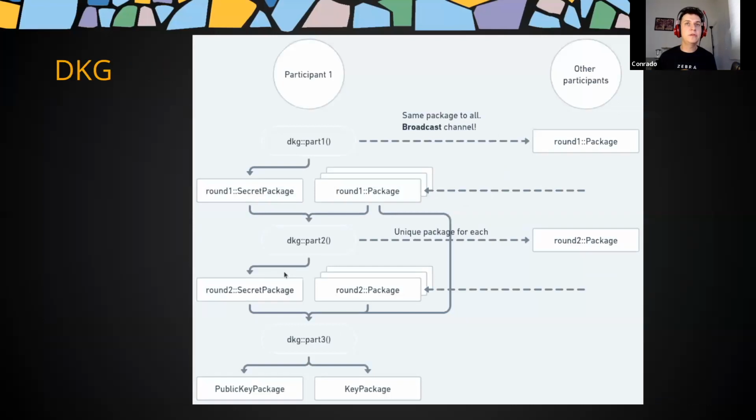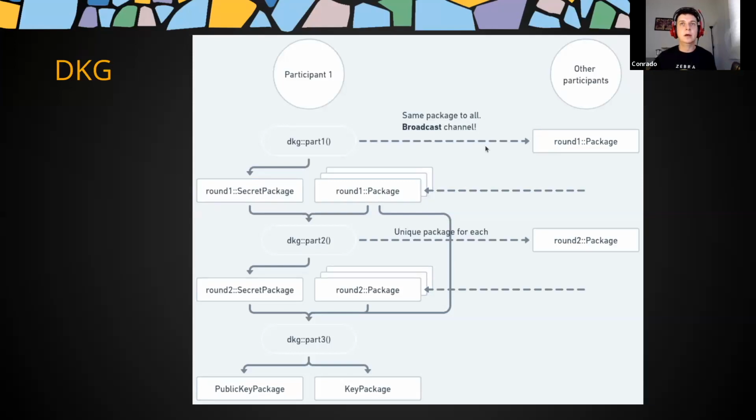In DKG, it's a bit more complex because there's no single coordinator. Here I'm showing this distributed key generation with one single participant, but there are a bunch of others. The participant calls DKG part 1, which generates a bunch of random packages that they need to send to all the other participants.